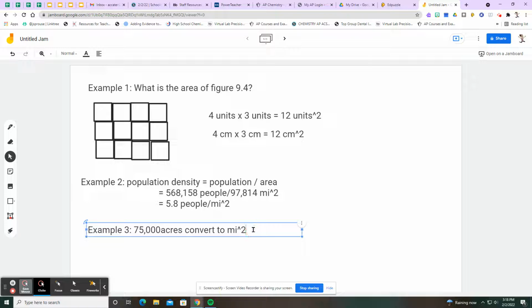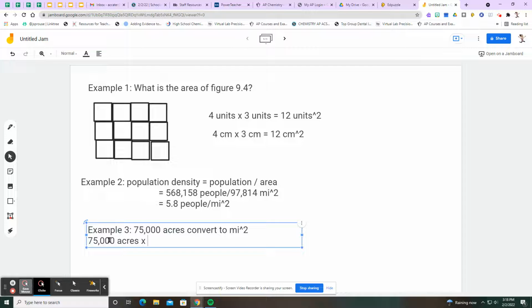Now, if we have a conversion factor, that's really easy to do. All we need to do is set up our dimensional analysis. And you set that up by always starting with what you're given. And you were given the 75,000 acres. So we're going to take 75,000 acres and multiply that, or do our little railroad tracks with our dimensional analysis, by the conversion for how many acres are in a mile squared.